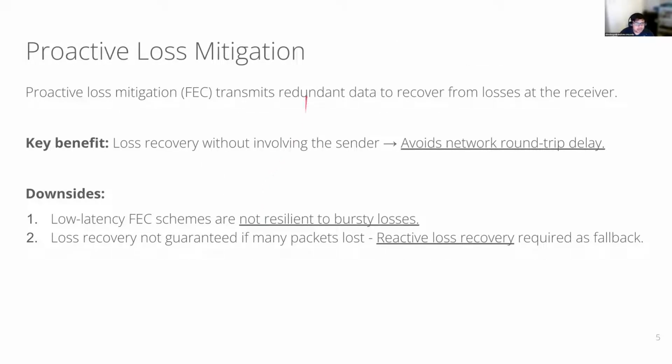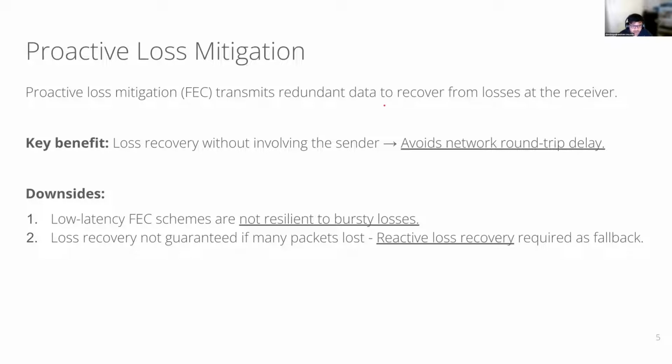So how do we mitigate packet loss? There are two broad categories. The first is proactive loss mitigation. In proactive loss mitigation, techniques like FEC, which is forward error correction, can be used, where you transmit redundant data in order to recover from lost packets. The key benefit is that this process does not involve the sender when a packet loss occurs.